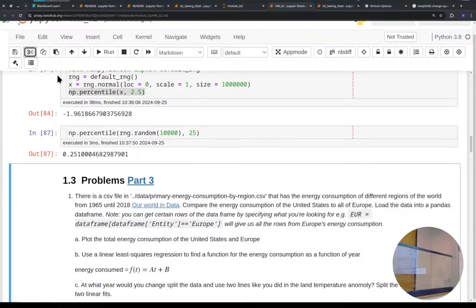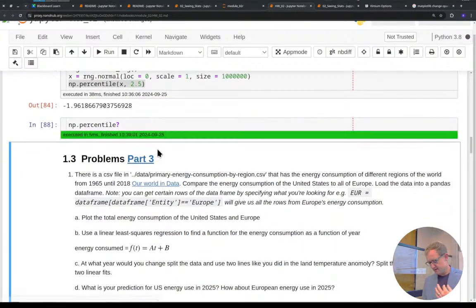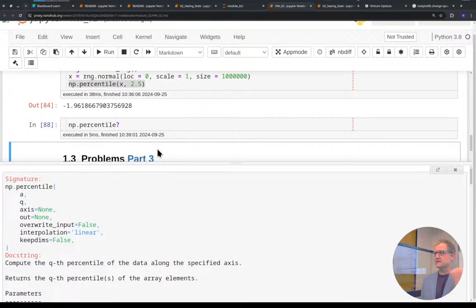Just playing around with different functions, but it's a reminder of how to use Python. That question mark is your best friend when you wonder how to use this thing. Just ask Jupyter what this thing is. Or if you're using IPython, same thing.